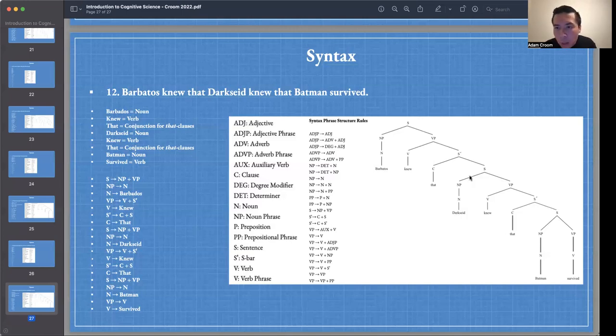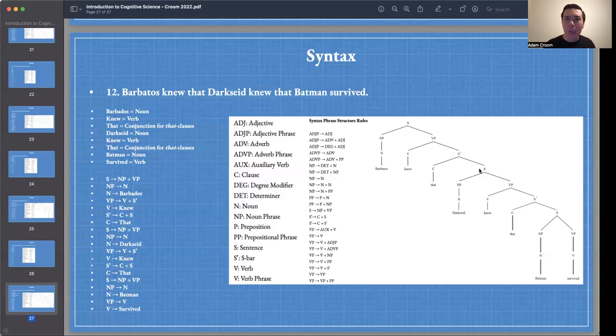We know the S bar, because we see from right here, was what allowed us to take a C and an S. Since we have an S bar right here, we know that it can take a C and an S. Then we know that the VP can take a V and an S bar, so we use that same rule up here. And then a sentence can take an NP and a VP. So boom, all our rules.